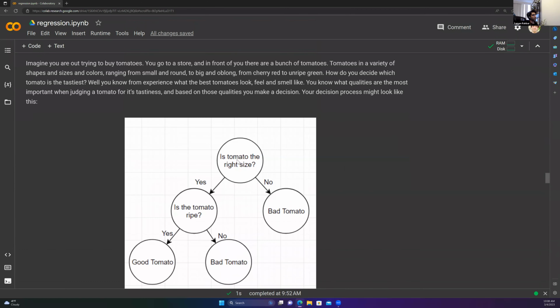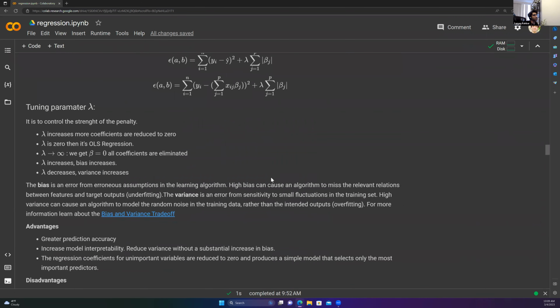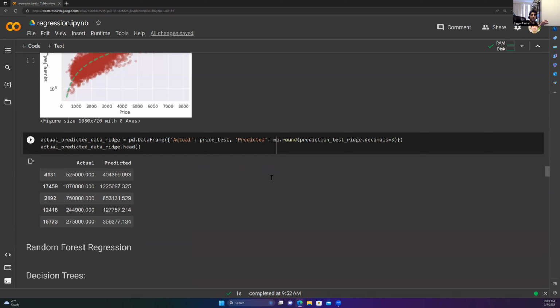You can think about tomato as individual attributes or features, or again, columns of your CSV file. For example, tomato could be the square feet of your house. Is the square feet big? For example, if it's more than 12,000, yes.